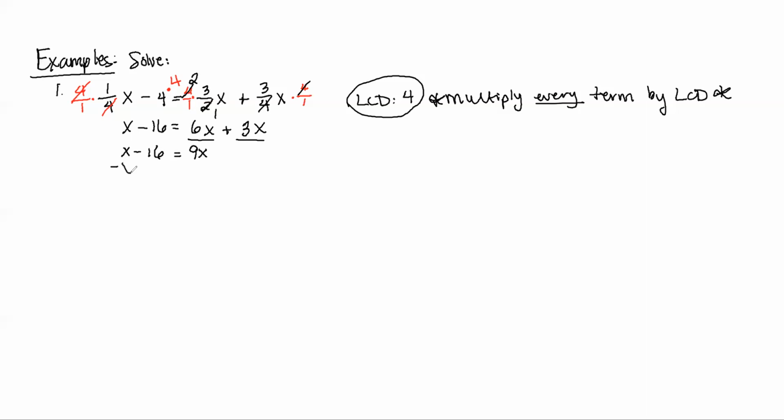So I'll subtract this x. So we're left with negative 16 equals 9x minus 1x is 8x. And then we'll go ahead and divide both sides by 8. And so negative 16 over 8 is negative 2 equals x. So you can always write it like this. If you want to switch it around to x equals negative 2, perfectly fine.